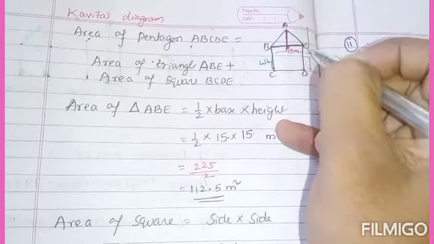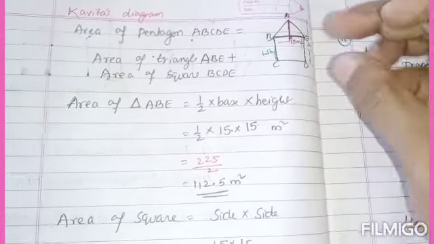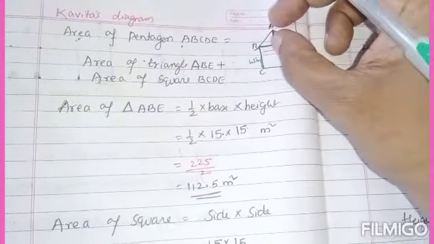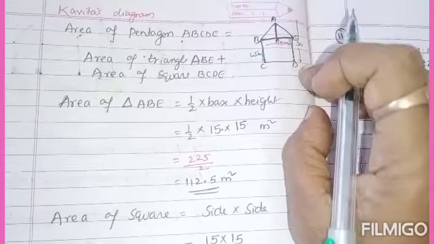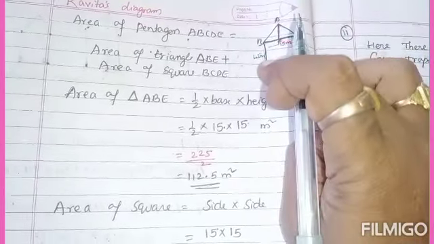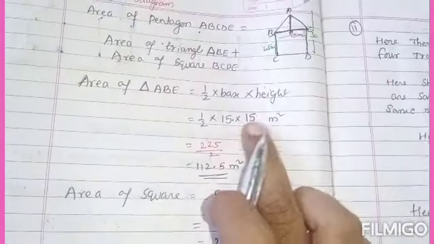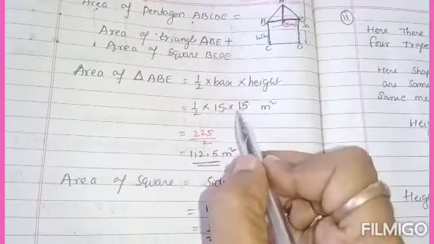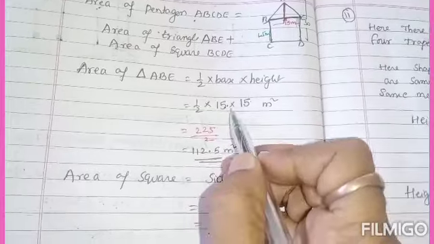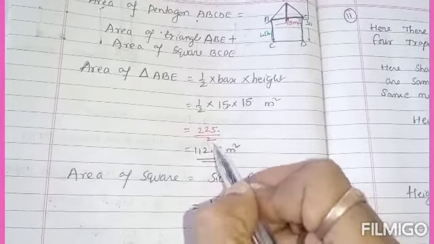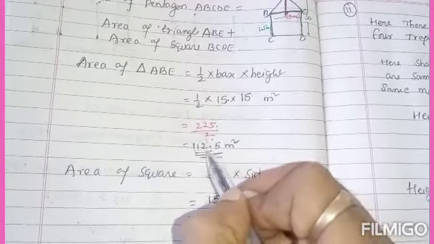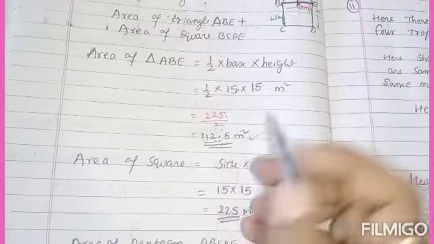So 30 minus 15 you will get this height. From the total height you subtract this height, so you will get 30 minus 15, 15. So height is also 15. Now 15 into 15, 225 divided by 2. So you will get 112.5 meters square.